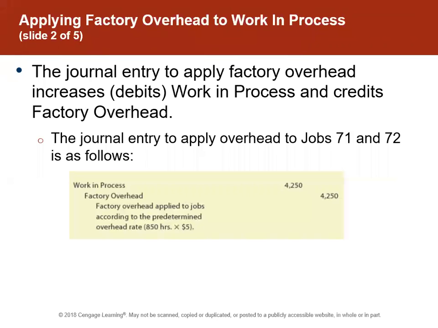This was done at the end of the month, and these were our actual costs. Our applied overhead is a debit to work in process, just like it was last chapter, and a credit to factory overhead. So my factory overhead gets credited for any applied overhead.